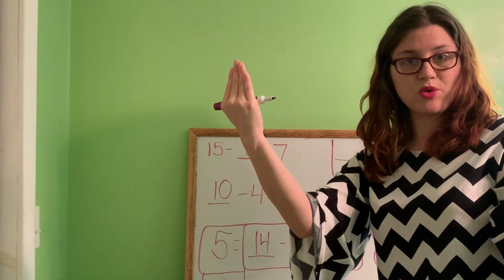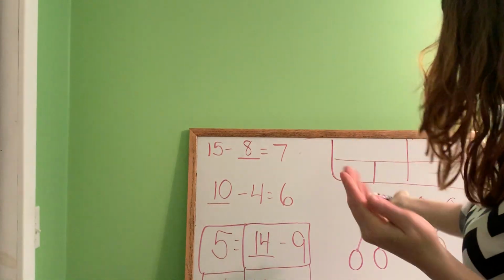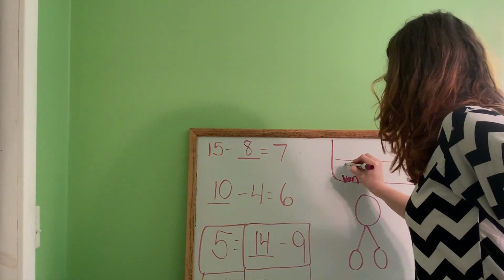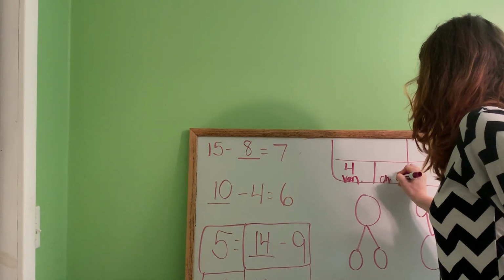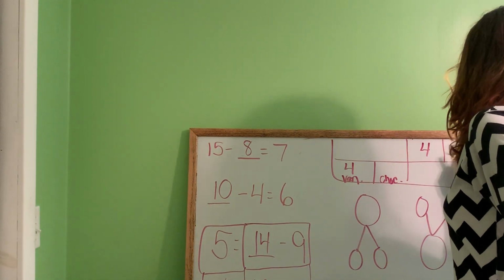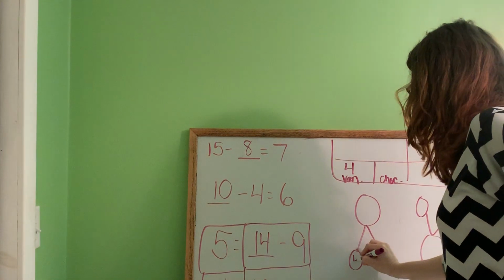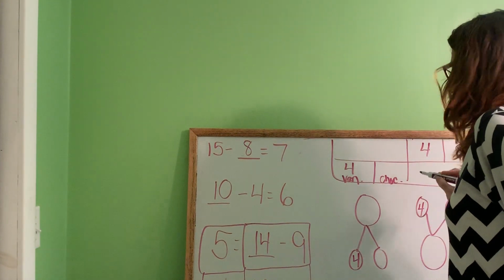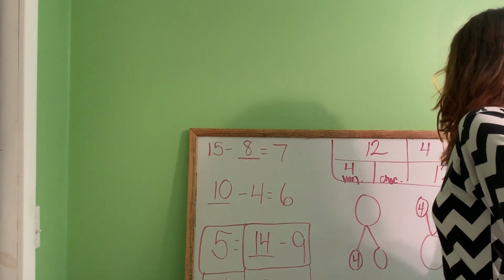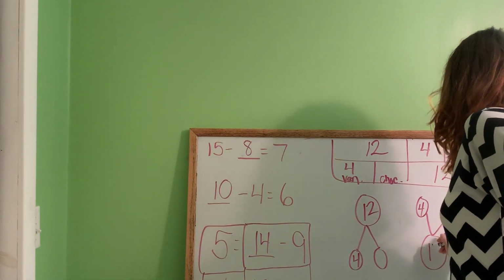And 4 of them were vanilla. So when I am showing this on my part whole, I know the vanilla part. I don't know the chocolate part. 12 is the total number of cupcakes I made.